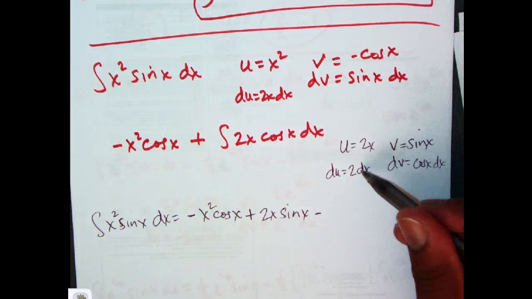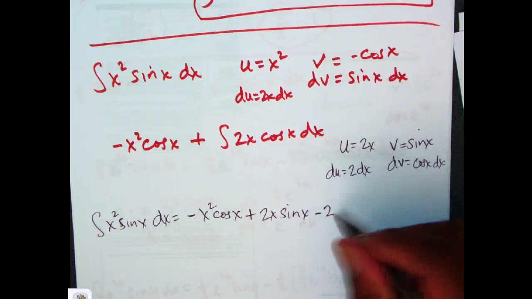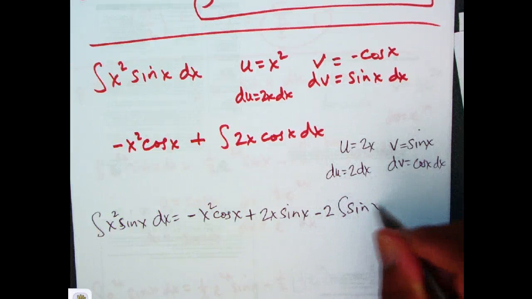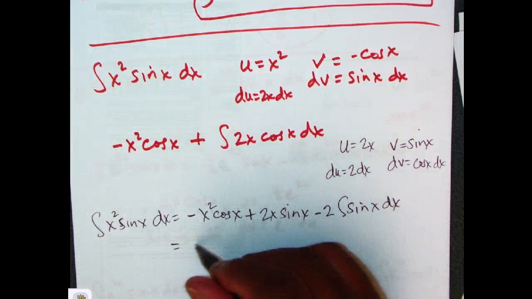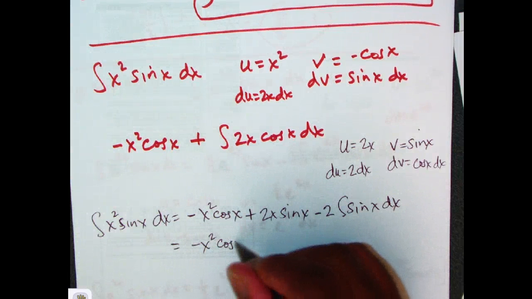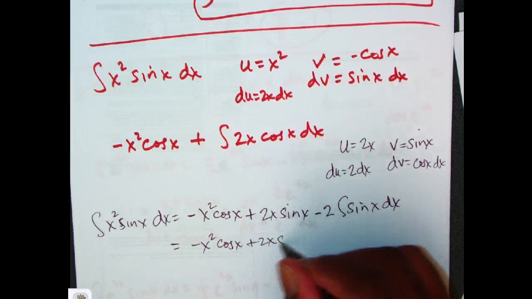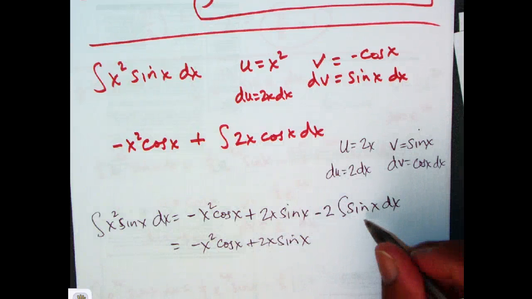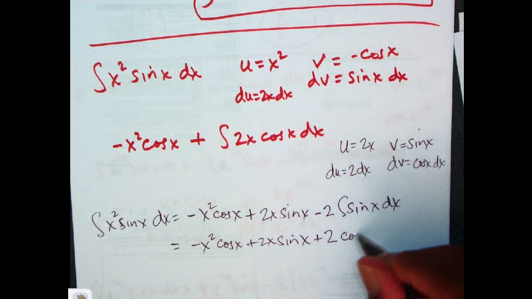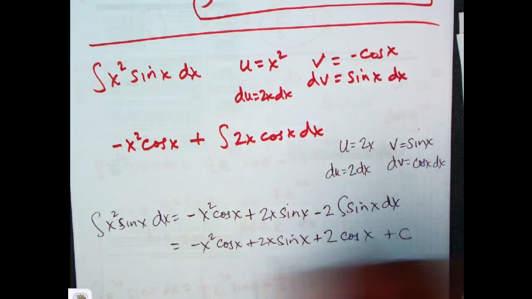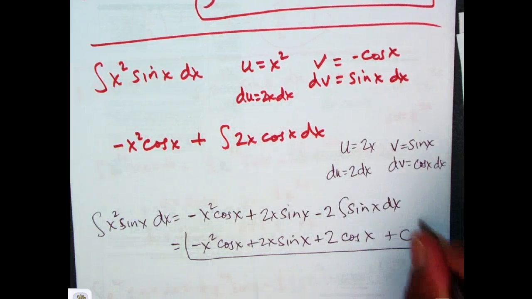So v du is going to be minus 2 times the integral of sine of x dx. So that's negative x squared cosine of x plus 2x sine of x, and the integral of sine of x is negative cosine of x. So then that's plus 2 cosine of x and then plus c. So that's our answer there.